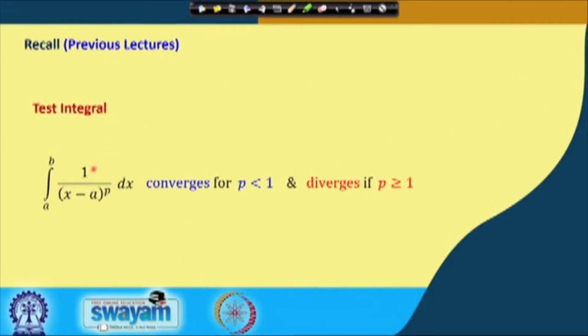This is an improper integral of type 2, because the integrand is unbounded when x goes to a. Today we will use this integral to prove the convergence of other integrals. This integral converges when p is strictly less than 1, and diverges if p is greater than or equal to 1.